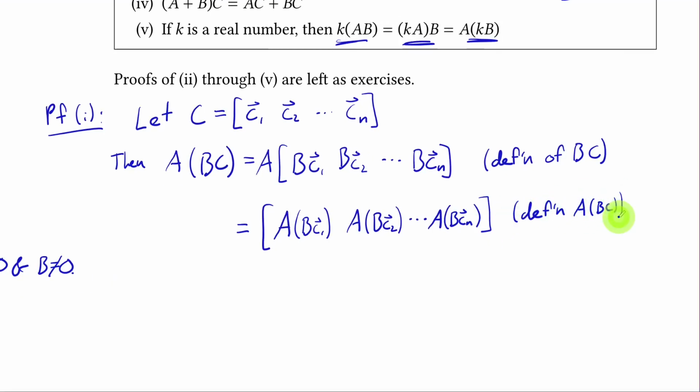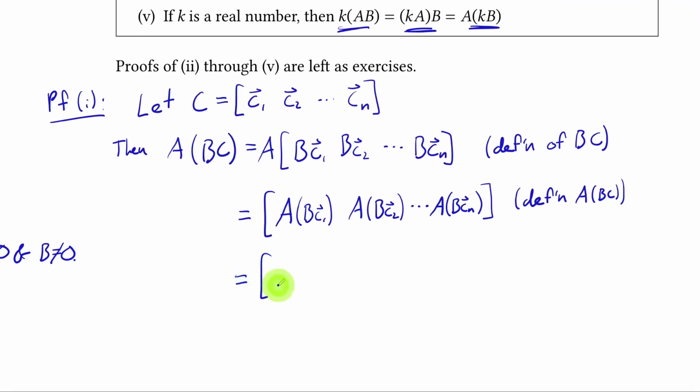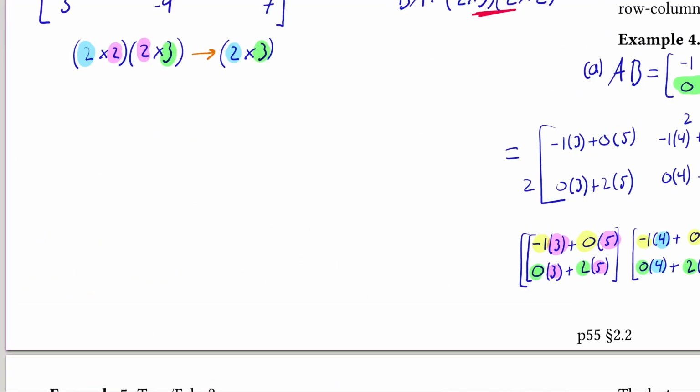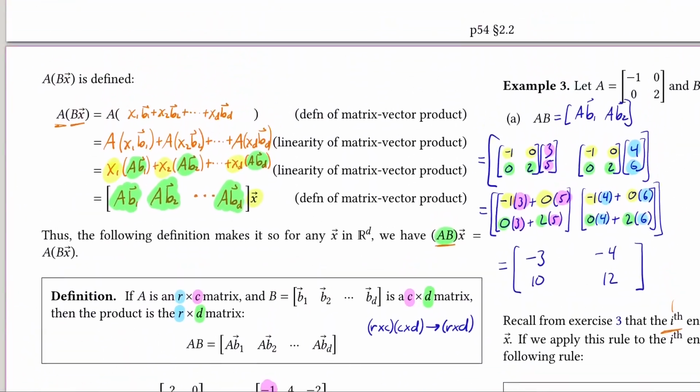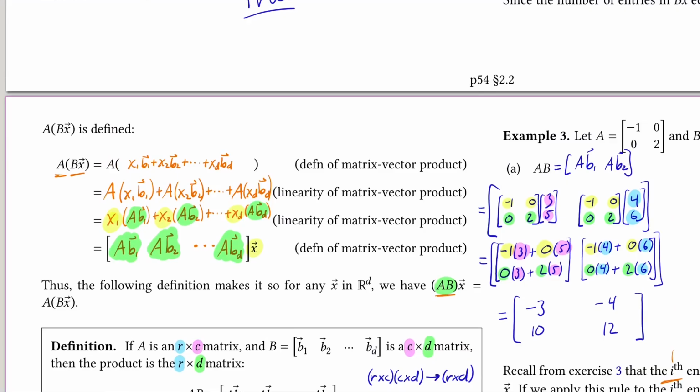And then at this point, we can just move the parentheses around, like so. And the reason for that is based on the discussion before the definition, the fact that this definition makes it so multiplying A times the quantity Bx is the same thing as AB times x.